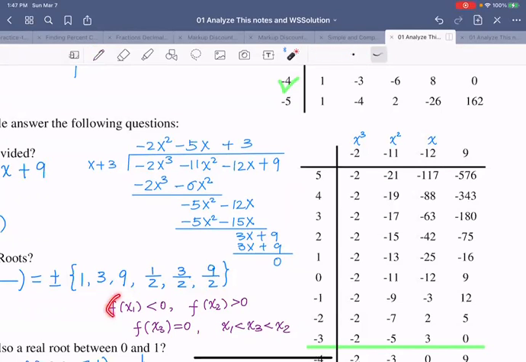If you have 1 point below the x-axis and 1 point above the axis, there must be a point which touches the x-axis, between these two values. So based on this information, look at this table: who might be one of the roots?